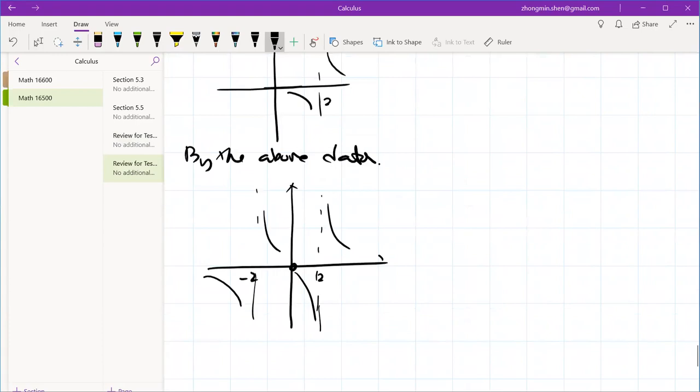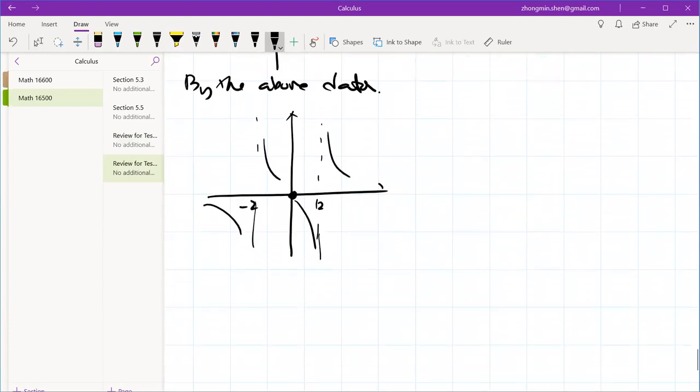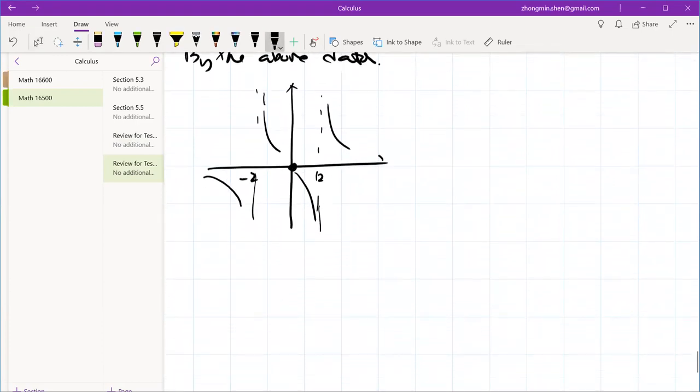And the graph passes through this point. And clearly now you see the picture already, right? Just connect that. There's no absolute maximum value and absolute minimum value. So this graph, yeah, everywhere is decreasing. And maybe somewhere concave up, somewhere concave down.